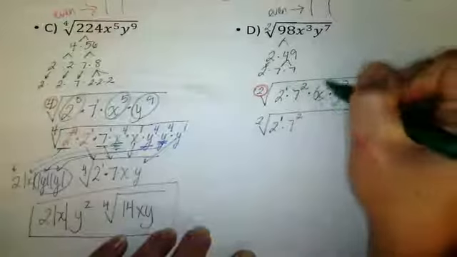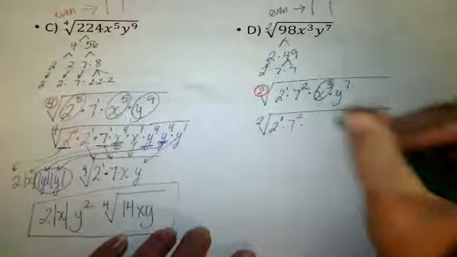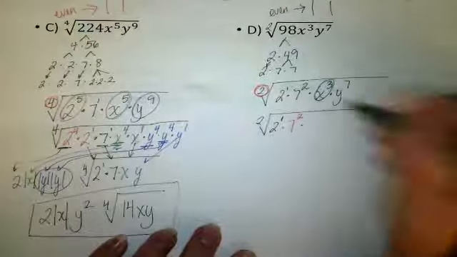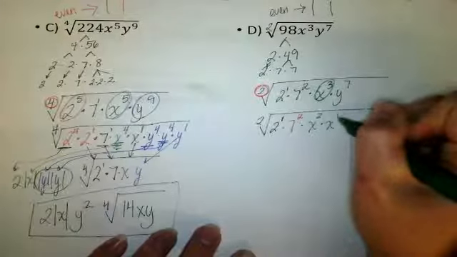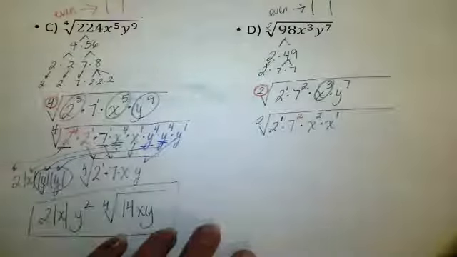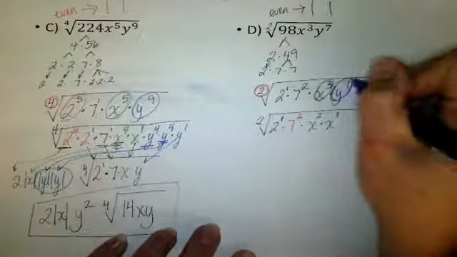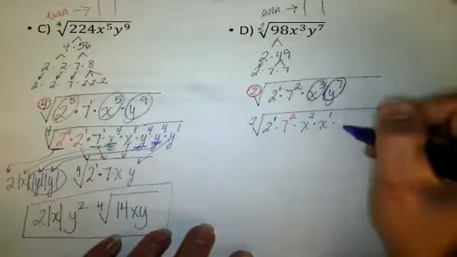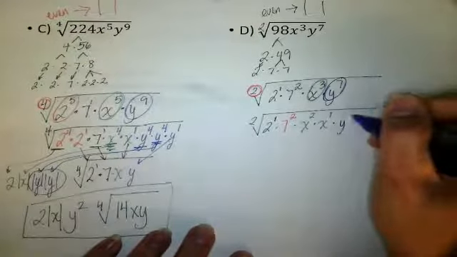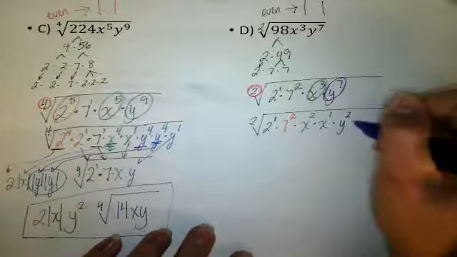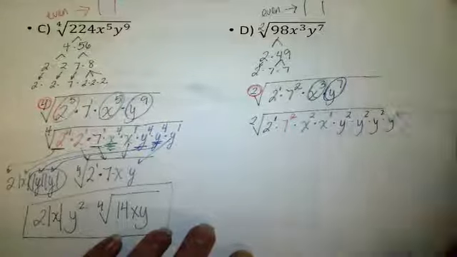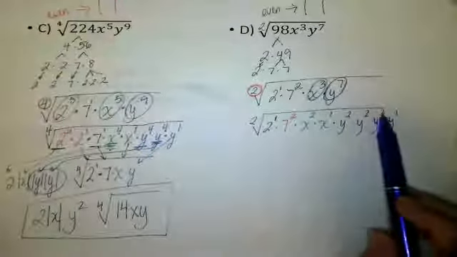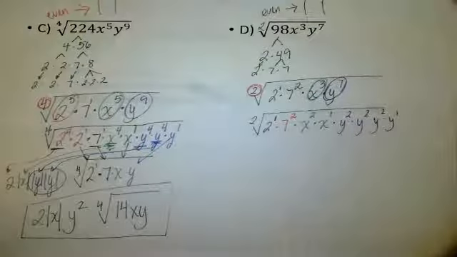What can I do with x cubed? X squared times x to the first. Good. What can we do with y to the 7th? Y squared times y squared times y squared times y to the first. 2 plus 2 plus 2 is 6, plus 1 is 7. Okay. All right.